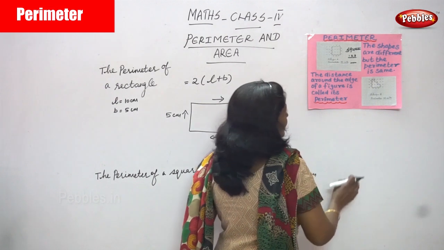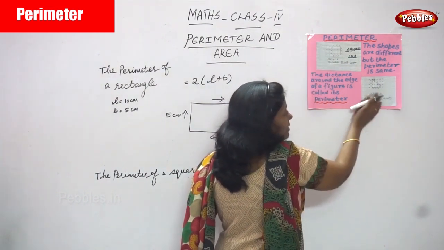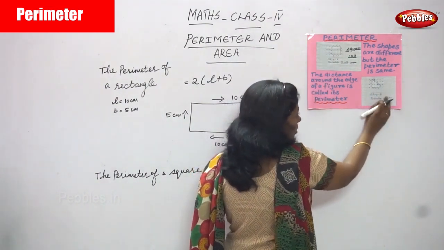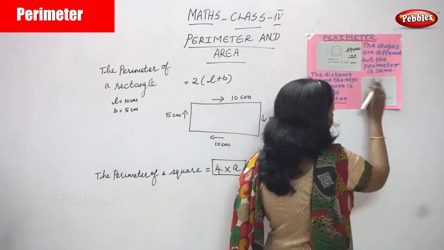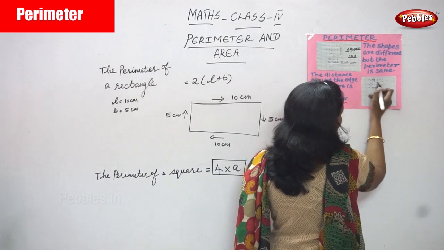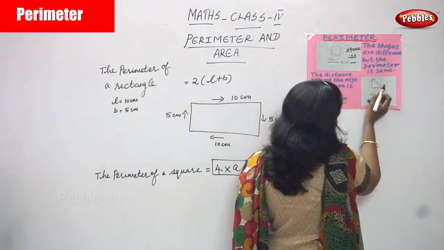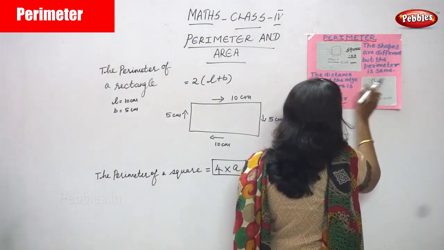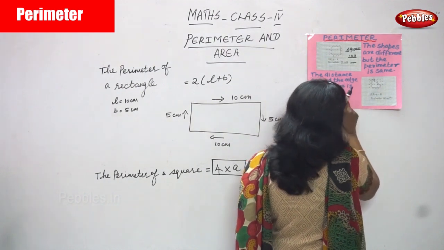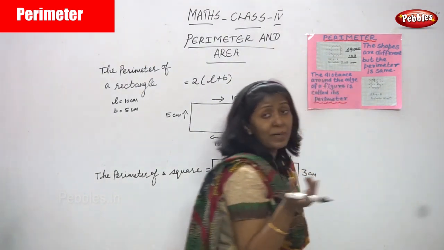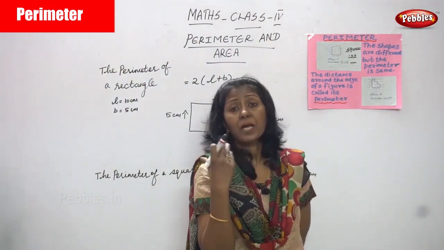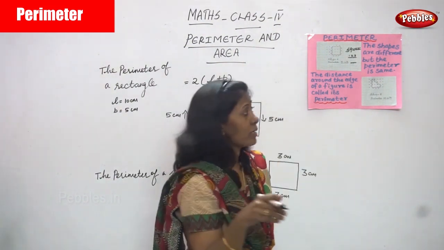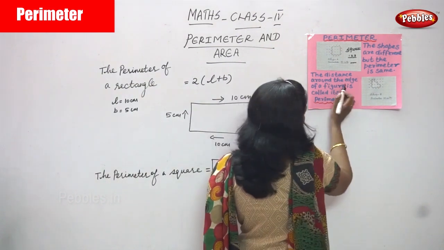Next one: the shapes are different but the perimeter is the same. This is a different shape, which I have named shape B. Look at this shape, you just count the surroundings, which means the distance around the edge of the figure.